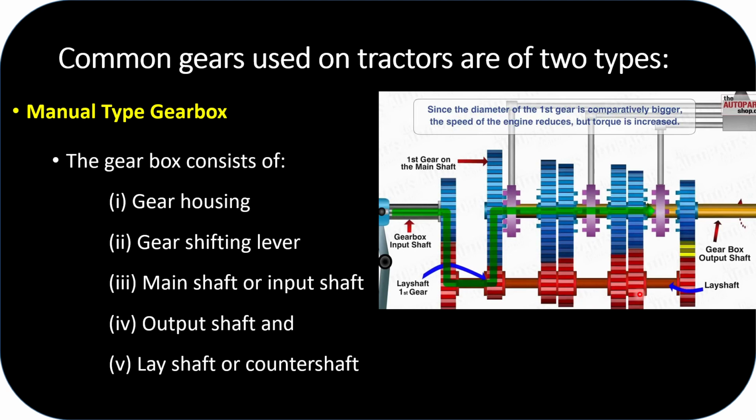The other gears can be mated with the gears on the output shaft, and a number of gears are mounted on the output shaft also. There is a gear shifting arrangement to select the suitable gears, with the gear shifting fork and gear shifting levers, and the entire thing is housed in a gear housing.